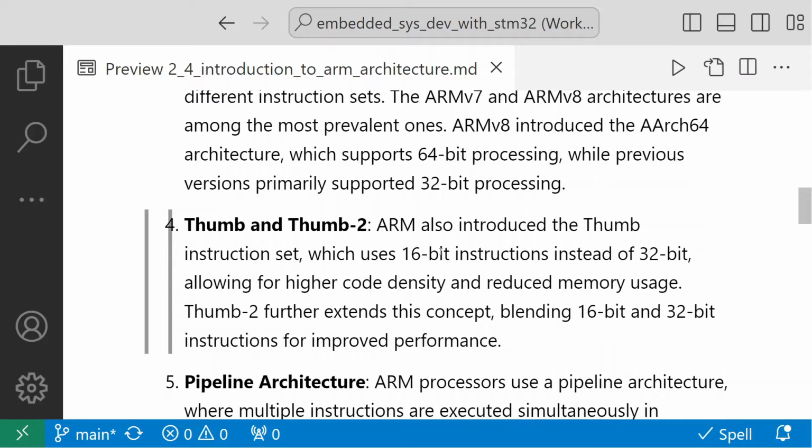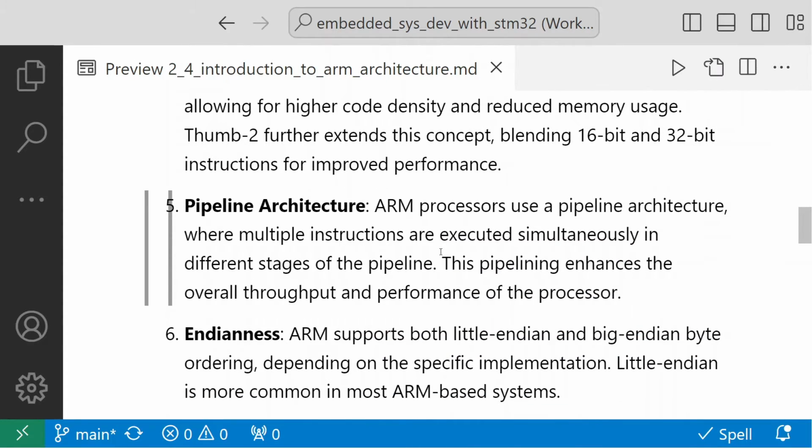Thumb and Thumb-2. ARM also introduced the Thumb instruction set, which uses 16-bit instructions instead of 32-bit, allowing for higher code density and reduced memory usage. Thumb-2 further extends this concept, blending 16-bit and 32-bit instructions for improved performance.